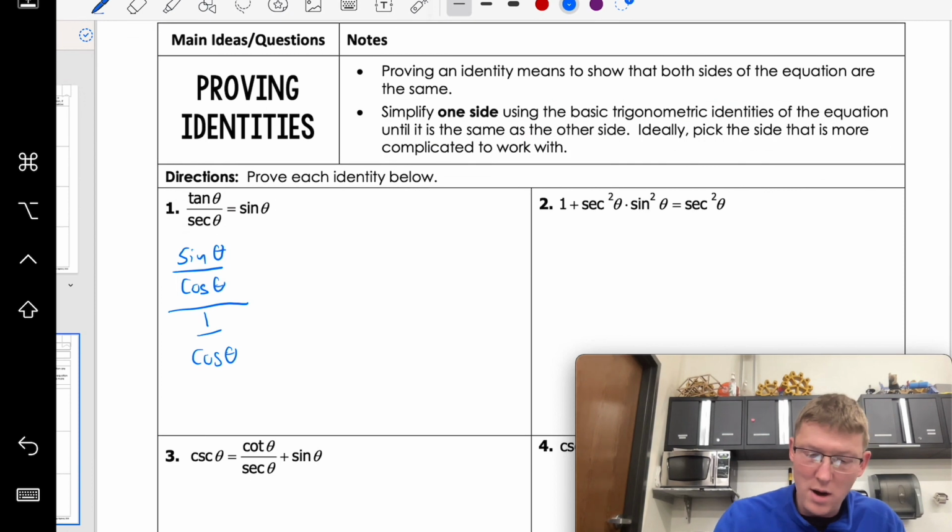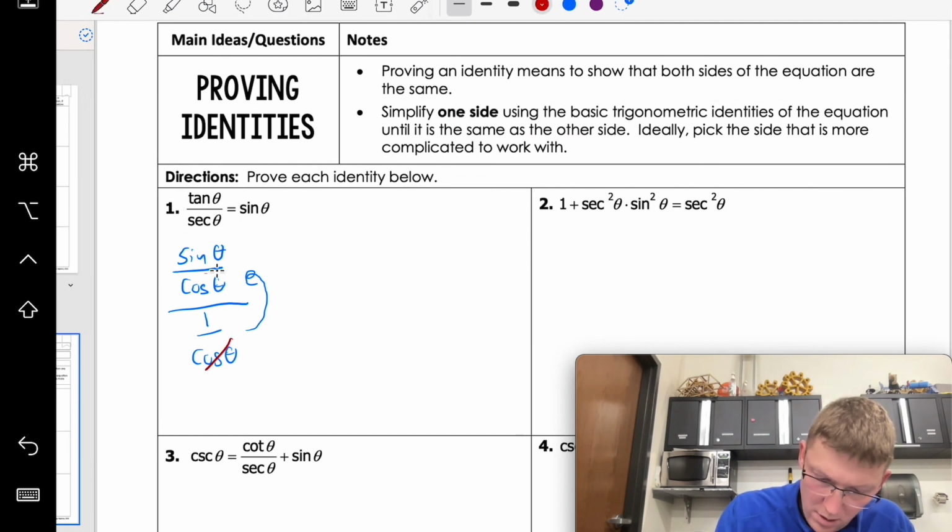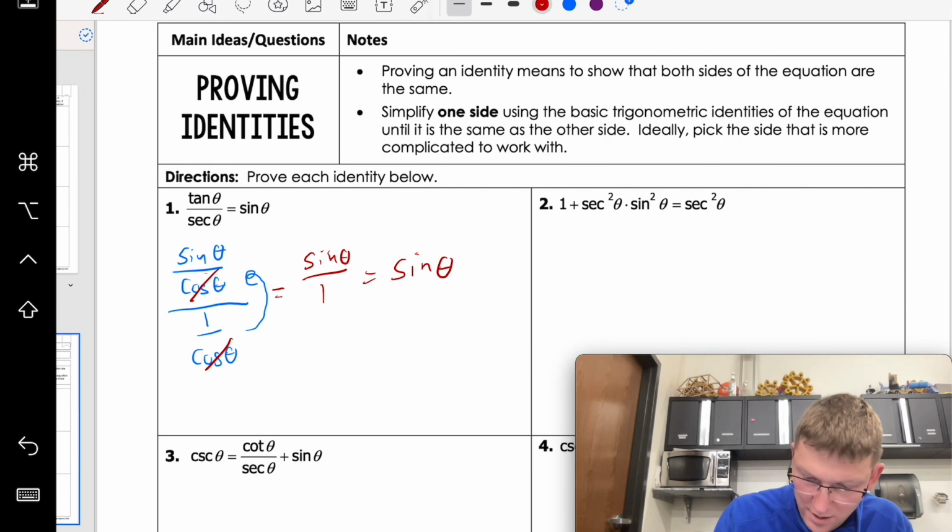Okay, so now I see that when I move this up here, my cosines are going to cancel out, which means that we only have sine of theta over 1, which is just sine theta, which equals my sine theta.